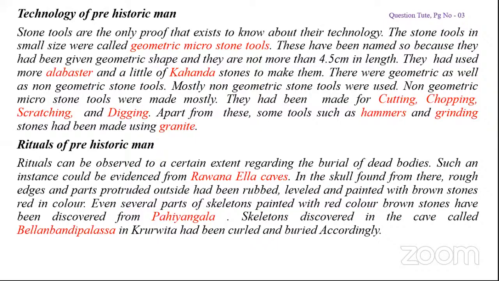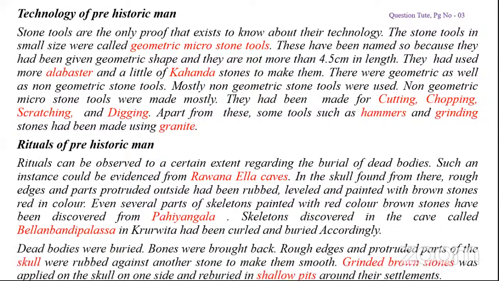I'm sorry if my voice is breaking, maybe because of connection problems. However, I'm moving forward to the next one. So the next one: dead bodies were buried, and bones were rubbed against another stone to make them smooth. Grinded brown stones were placed in shallow pits around their settlements. Right. So this is the answer for the rituals of prehistoric man.